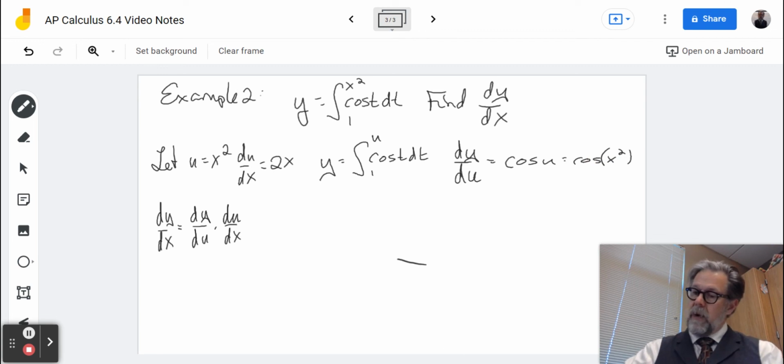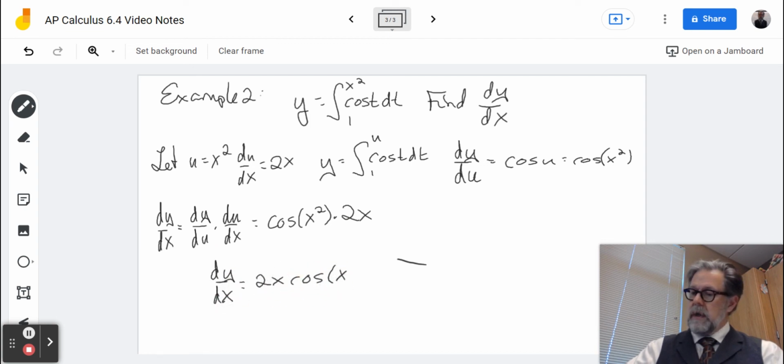Now, coming over to our chain rule, we've got cosine of x squared times 2x. The derivative of y with respect to x is equal to 2x cosine x squared.